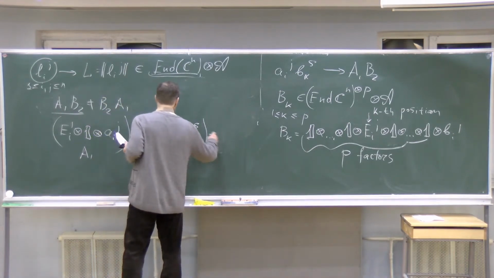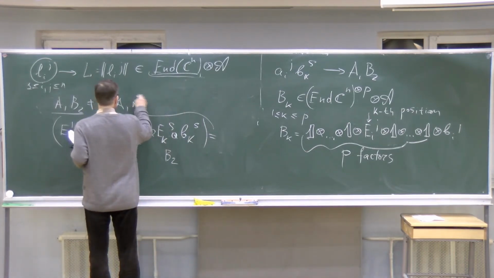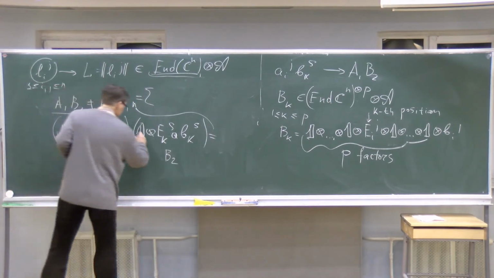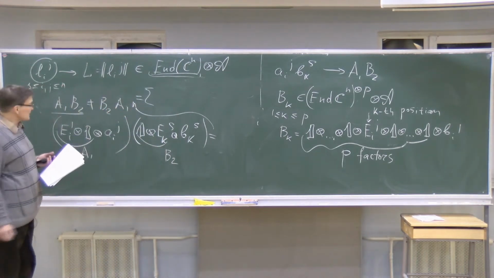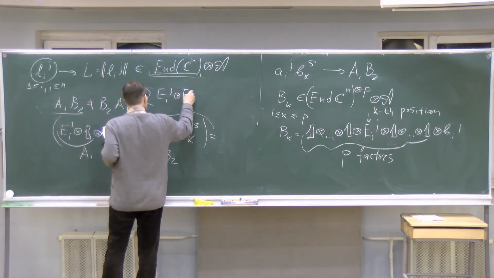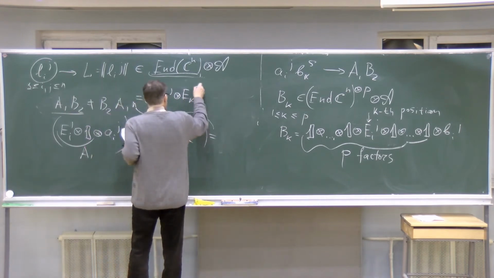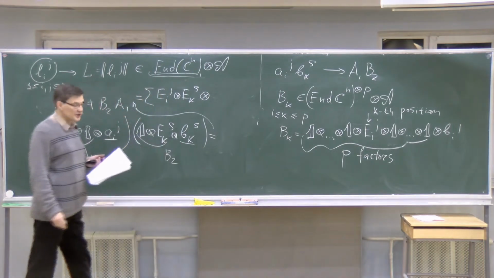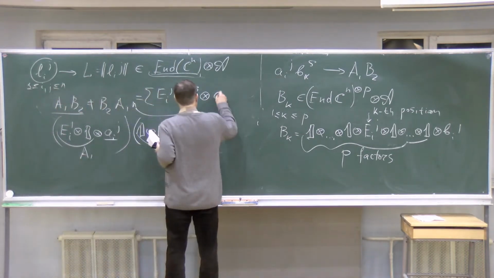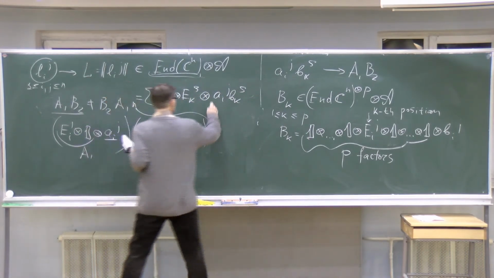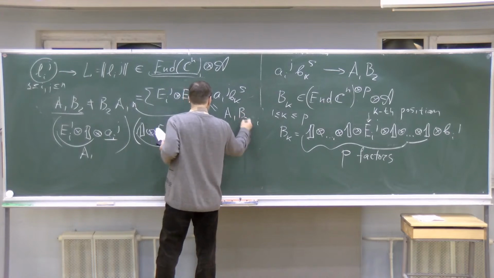So let me continue here. The product of these matrices should be taken as in usual matrix analysis. This is e_ij tensor e_ks, and here I should take the multiplication of these non-commutative objects from my algebra. This is precisely A_1 B_2.